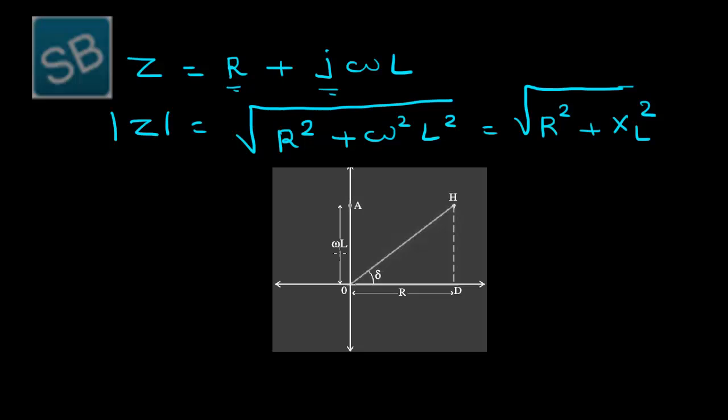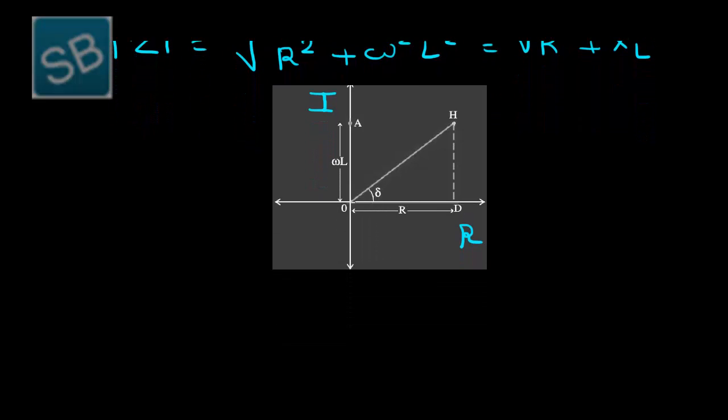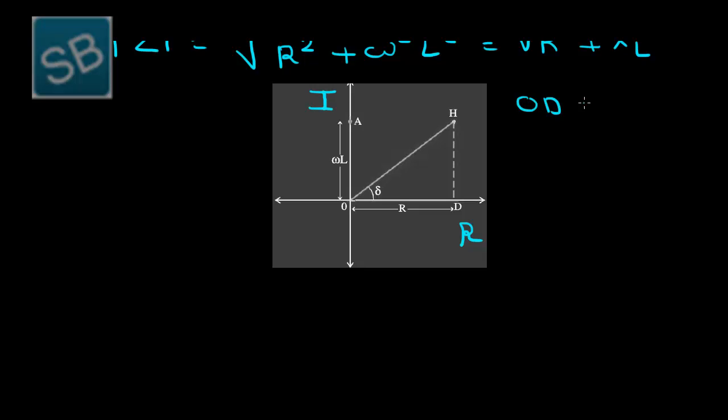So here the relation between the real axis and imaginary axis is shown. This is the imaginary axis and this is my real axis, in which the value of OD is given by R, and the value of OA, that is equal to HD, is omega L, from which I can find the value of mod Z. So that comes out to the square root of R squared plus XL squared. But what is the actual value of tan delta?